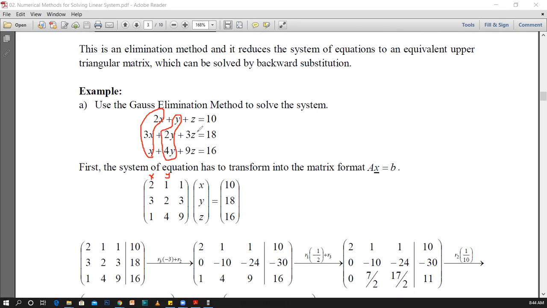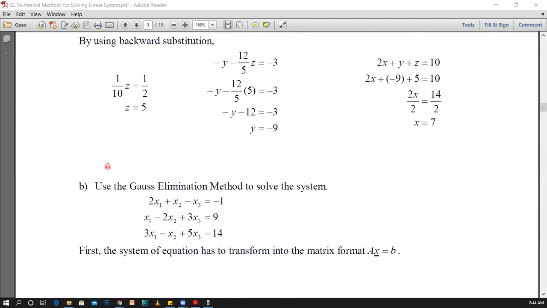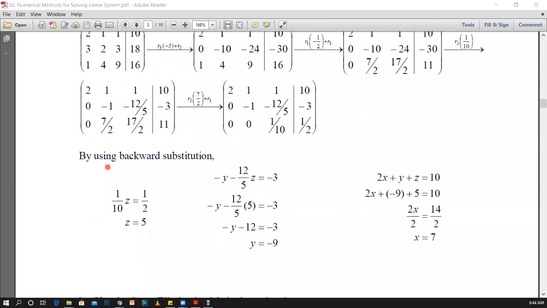And the third column, 1, 3 and 9, is just for the z variable. That is why we write x, y, z in this form. Therefore, in the first column these are the coefficients associated with the x variable, second column for the y variable, third column for the z variable. Thinking about that concept, now you can use this backward substitution method.